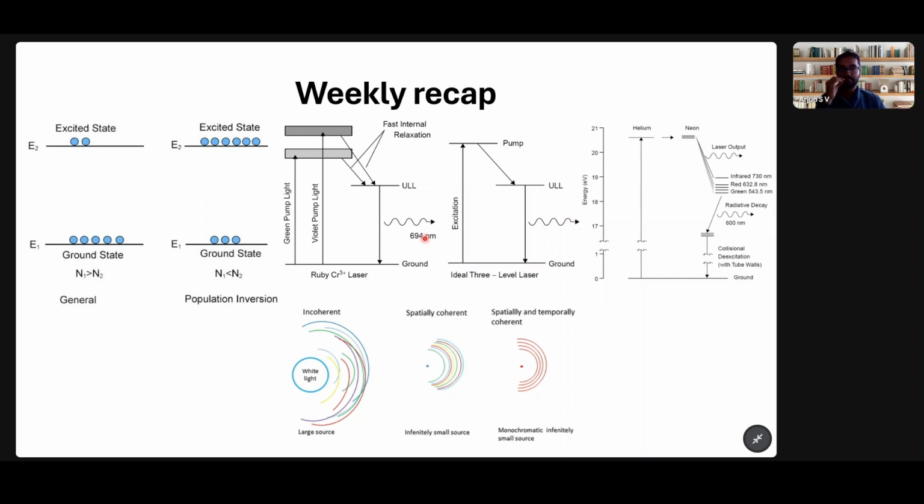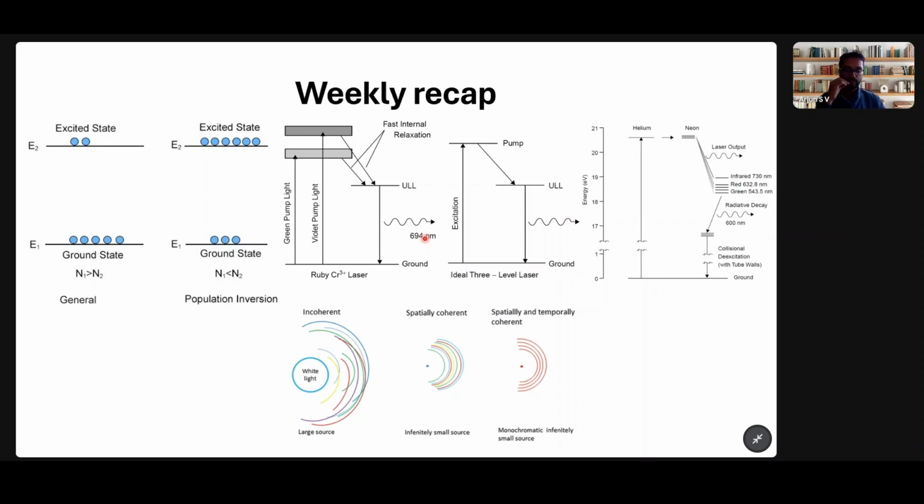We started with the introduction of lasers, and we saw that in order for a laser to function, we need a process called population inversion. This is where the number of electrons in the excited state is more than in the ground state. We looked at different levels of lasers, mainly 2-level, 3-level, and 4-level lasers, along with examples in each category.